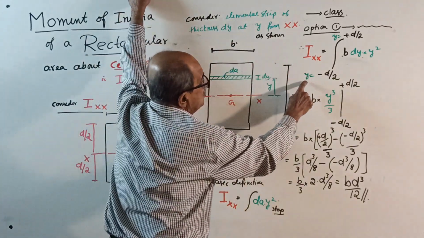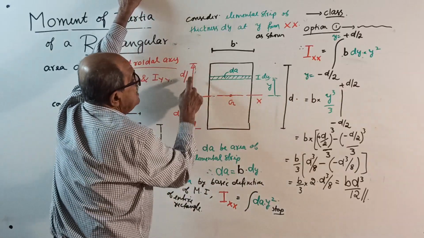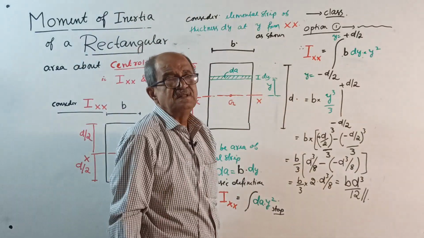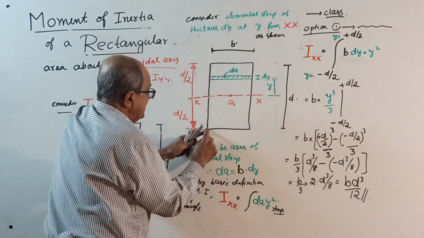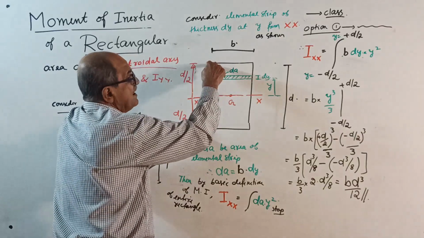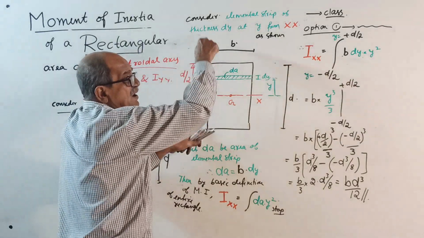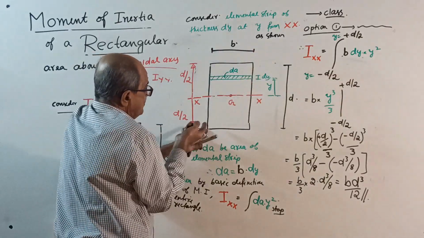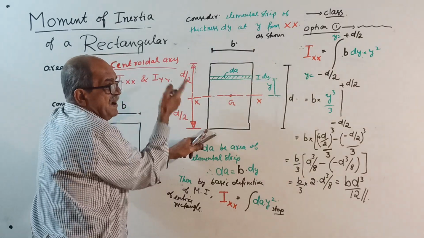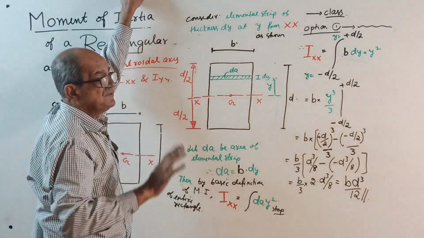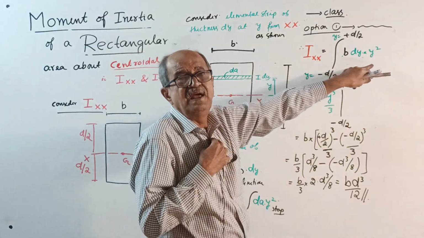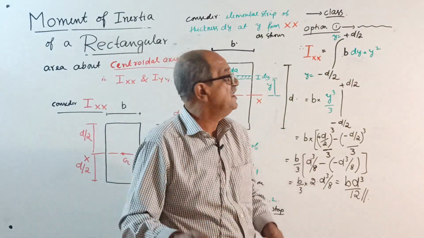So it is y equals minus d by 2 to y equals plus d by 2. From here to here is the full rectangle you want to cover. So your lower limit is minus d by 2 and upper limit is plus d by 2, because your y is measured from xx. This should be clear under normal mathematical knowledge.